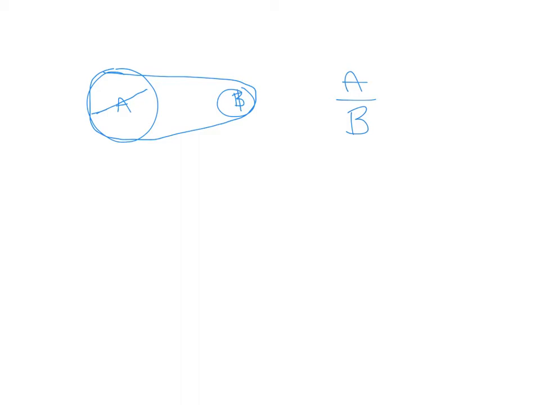For part A, it's 16 inches and B is 6 inches. So all you would have to do is 16 over 6, and of course always simplify that, and remember you can use your calculator and the ABC key.